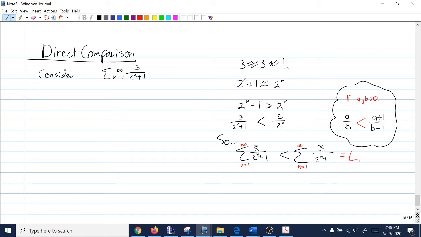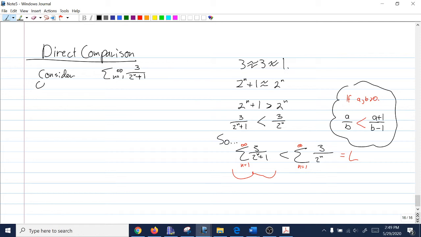The sum of 3 over 2 to the n exists. That is a constant. I could actually tell you what the constant was if we needed it. We don't particularly need it. And it's a finite number. It's not infinite. And if this infinite sum is smaller than a finite number, it must be finite. The answer would be that it converges.